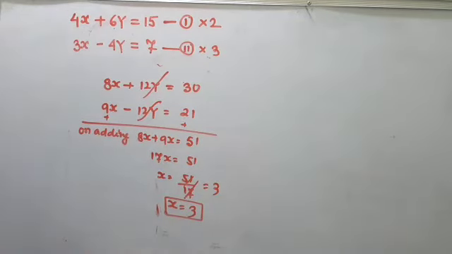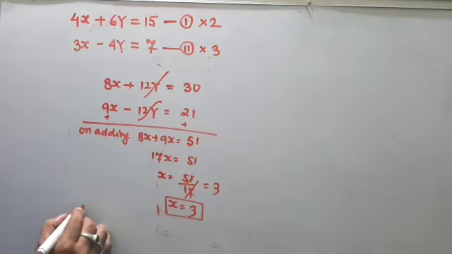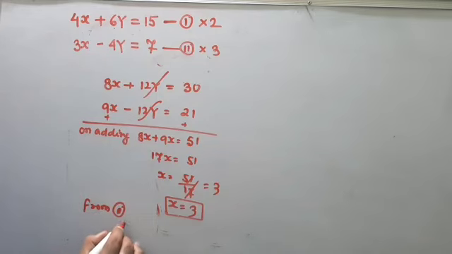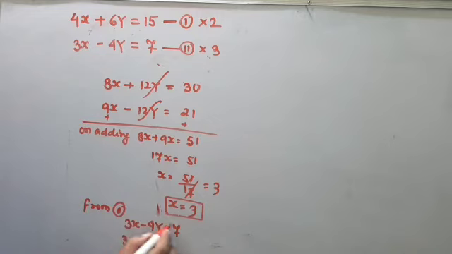Now according to your choice, you put the value of x in any equation, equation number 1 or equation number 2. I take 2. So from 2, 3x minus 4y is equal to 7. So 3 into 3, the value of x is 3, minus 4y is equal to 7. 3 times 3 is 9, 9 goes this way, so minus 4y is equal to 7 minus 9.